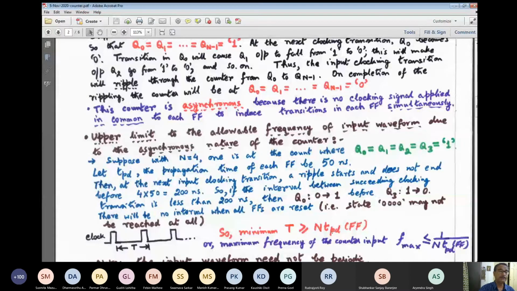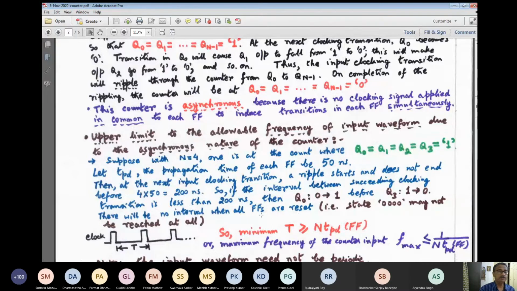Clear? So if you are considering a modulo 64 counter, that means 6 flip-flops in tandem. So depending on the number of flip-flops connected in cascade, for a 6-bit counter or modulo 64 counter, this will vary.